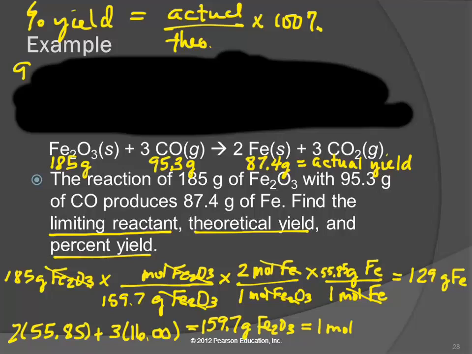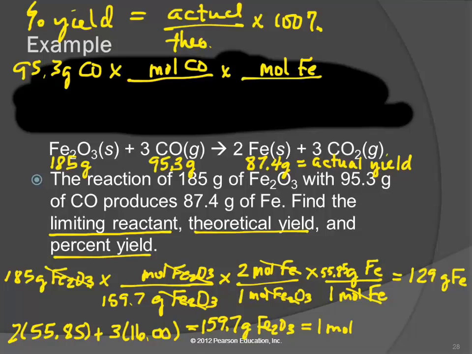So 95.3 grams of carbon monoxide. Again, grams to moles to moles to grams. So we go to moles of carbon monoxide, to moles of iron, to grams of iron. Grams to moles to moles to grams.